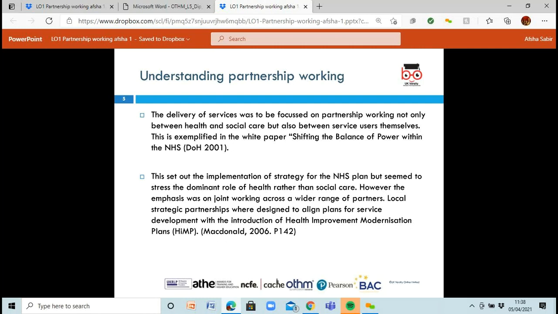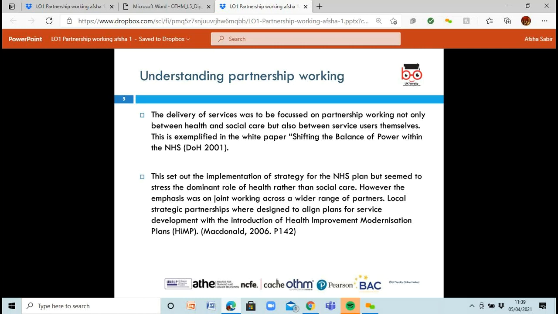So when we looked at this, according to the Department of Health, the NHS Department of Health, Shifting the Balance of Power within the NHS, this report was done in 2001. The delivery of services was focused on partnership working, not just between health and social care, but also between the service users themselves.